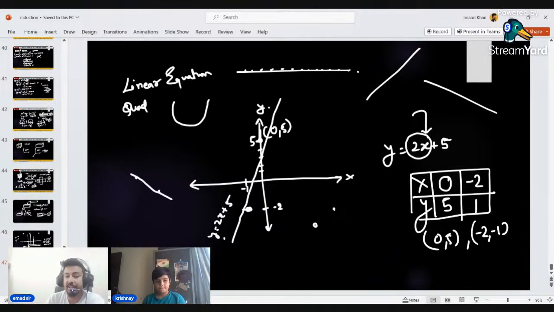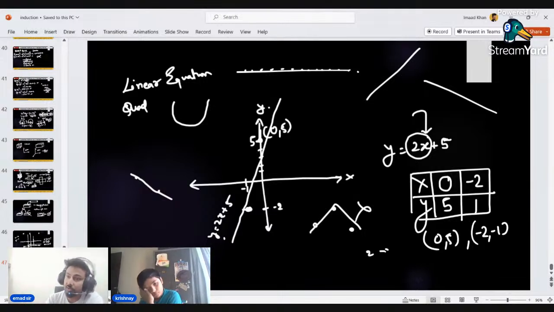Can you draw a straight line through these 3 points? No, because it would anyhow bend. So for a straight line, a minimum of 2 points are needed, more than 2 points are also fine, but all points should be collinear. You must have heard about this word.